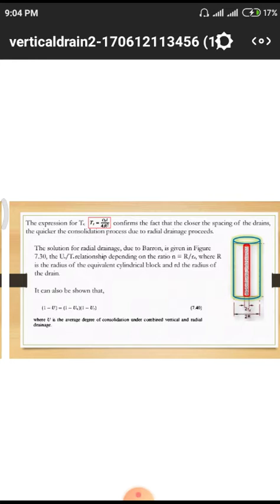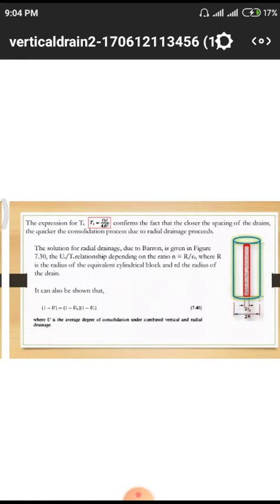Why? Because if the soil has too much water, then we require more drains. If the soil has less water, we will require a small number of drains. So we need to observe the physical properties, that means the liquid limit of the soil itself. If the liquid limit is very low, we will go for fewer drains.